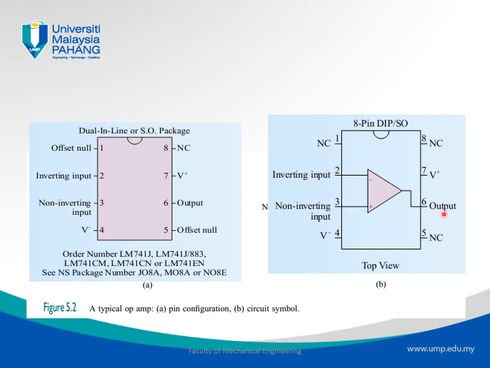The other terminals we may have to pay attention to are terminal number 7 and terminal number 4, which are the power supply that we need to supply to the operational amplifier to make it function.